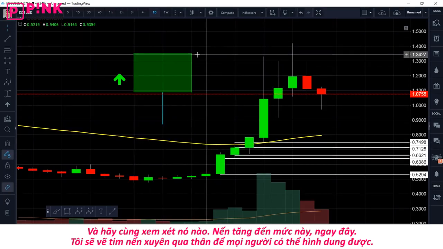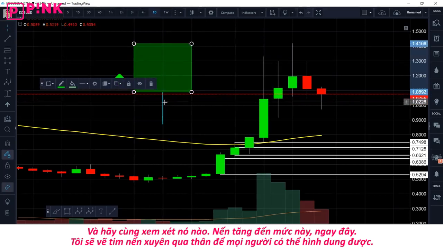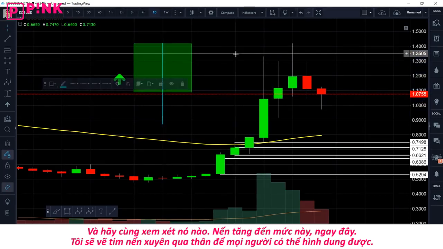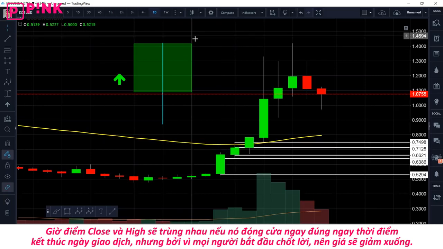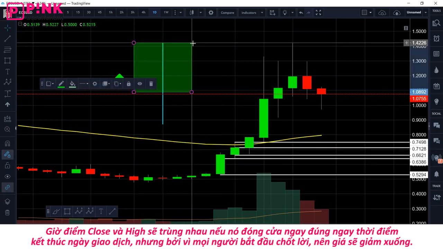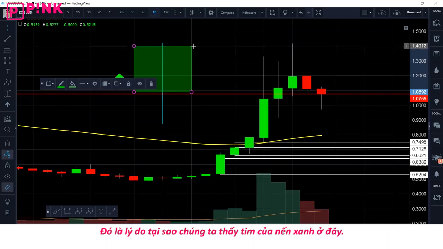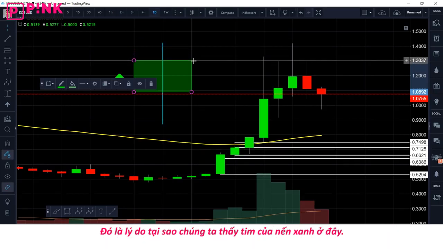We're just going to draw this line right through it to make more sense, right? And now the high and the close of the candle would have been the same if it closed at that specific time when the time ran out for the daily. But because they couldn't maintain that and people took profit, or bears, for example, they pushed it back down, right? That's why we see a green wick showing up there, okay?